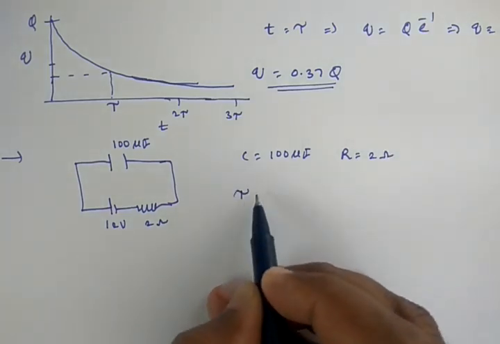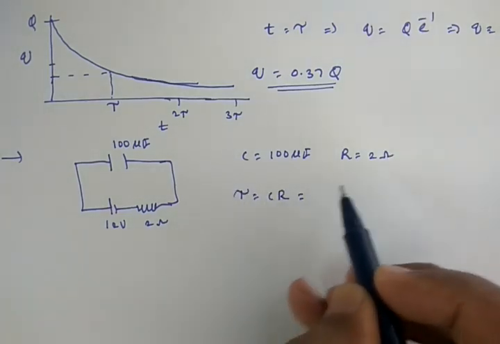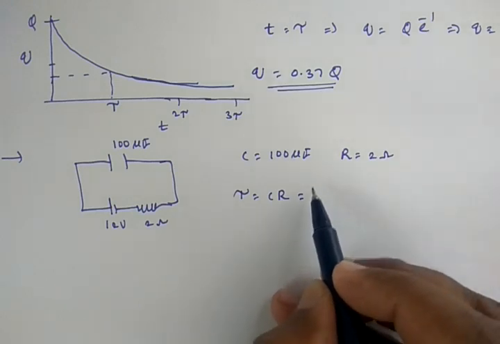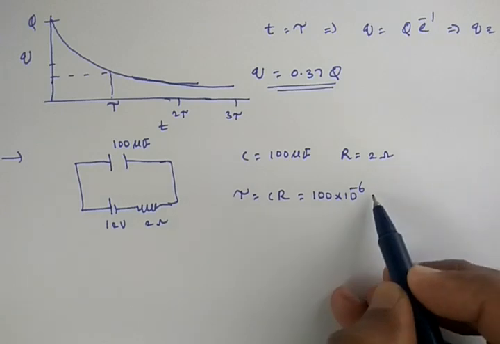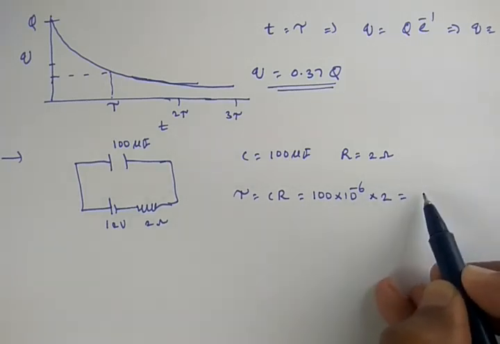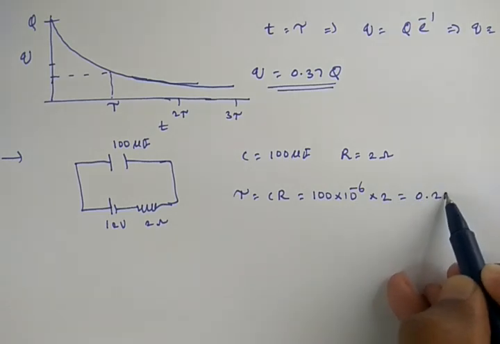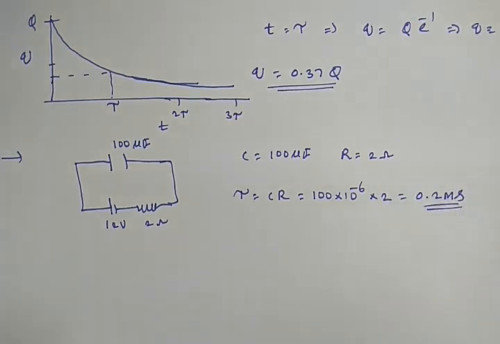Then the time constant of the circuit equals CR, that is 100 microfarad into 2, that equals 0.2 millisecond. This is the time constant. And the next question is the time taken before 99% of maximum charge appears on the capacitor.